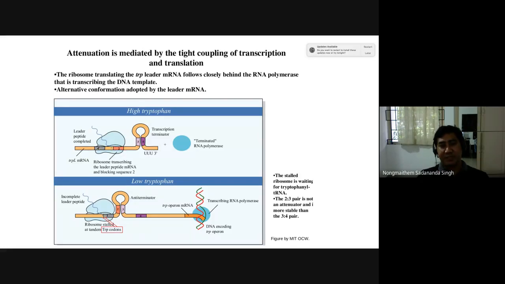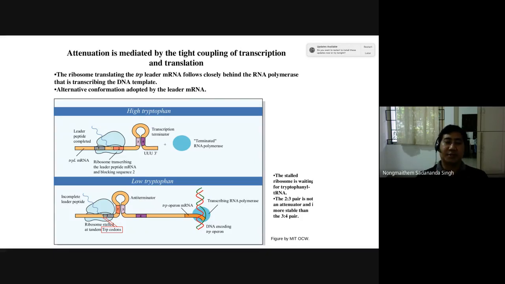When it goes fast, the base pairing between elements 2 and 3 in the transcript is not possible. So as transcription goes ahead, elements 3 and 4 can form a stem loop structure. This stem loop structure is followed by a U-rich sequence, and this is a signal for transcription termination.